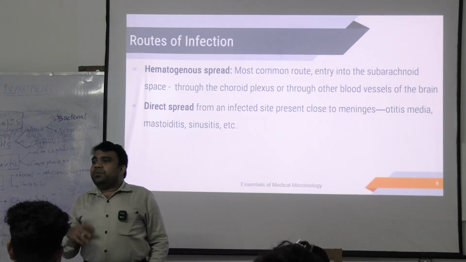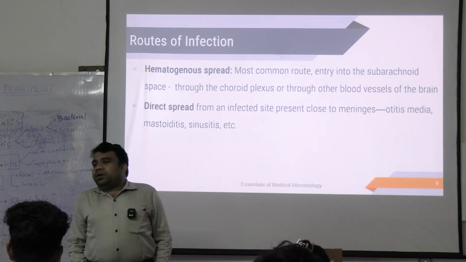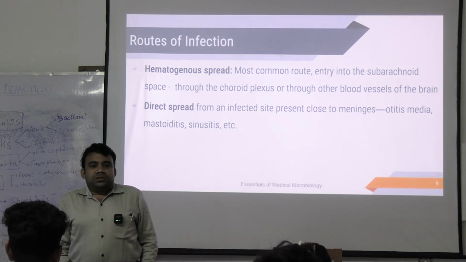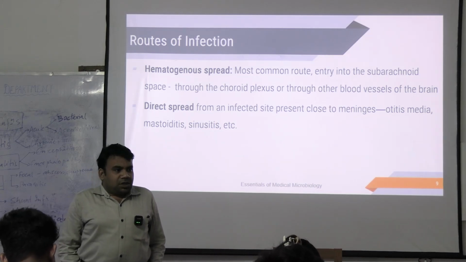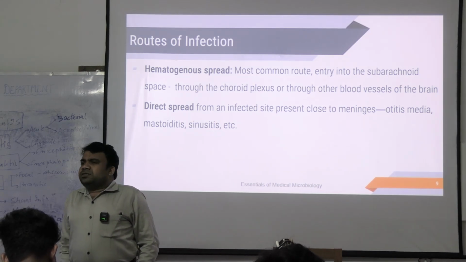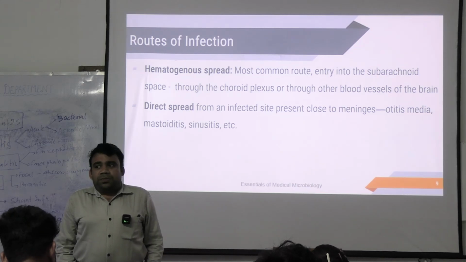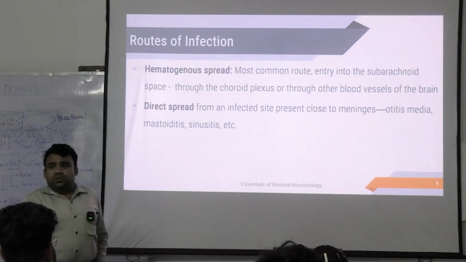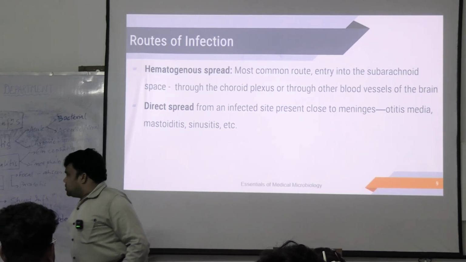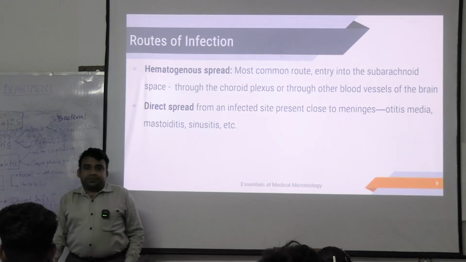It may be acute, may be chronic. For example, in tuberculosis, the primary location of infection is the lungs, or Cryptococcus, the primary location is the lungs. From there, the organism moves into the blood circulation, and through the hematogenous route it will enter into the cerebrospinal fluid. So that is the first route of acquiring the organism.